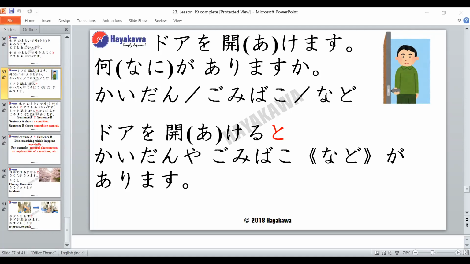So you could have steps, a dustbin, etc. Doa o akeru to kaidan ya gomibako nado ga arimasu. When I open the door, I can have steps, or maybe there'll be a dustbin, etc. outside. So this is one way of combining the two sentences using the particle to.